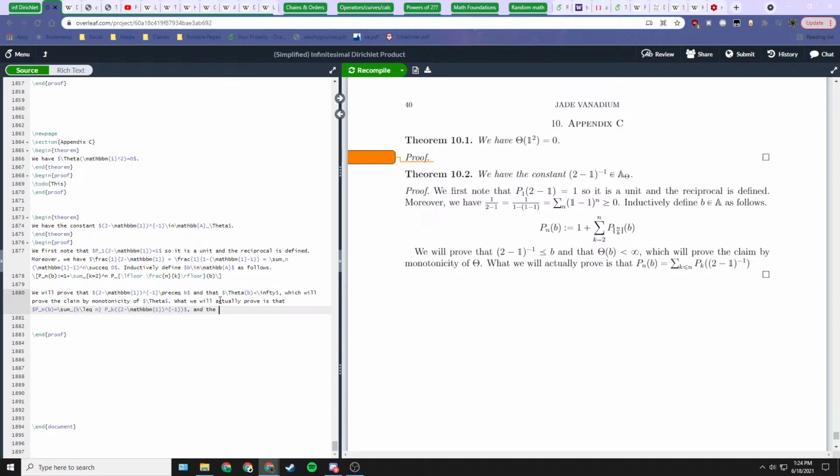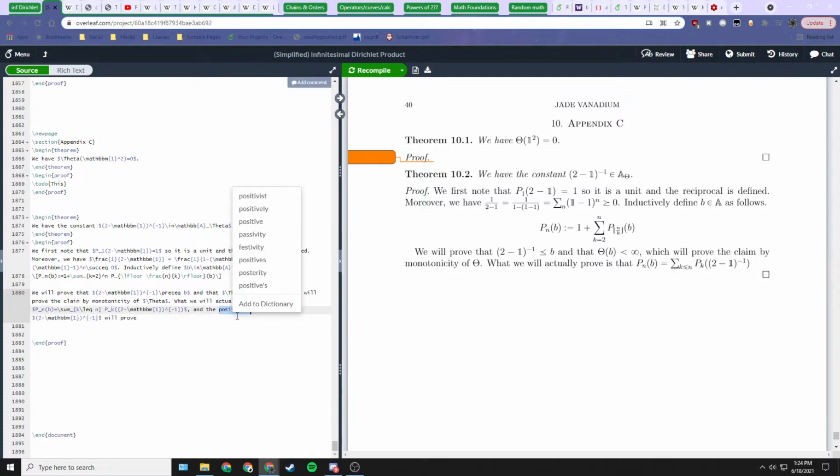And the positivity of our constant inverse will prove it.